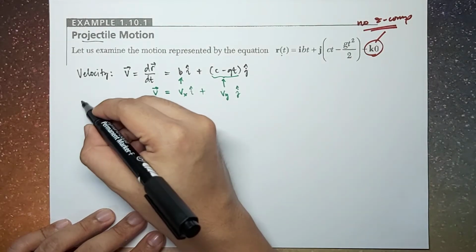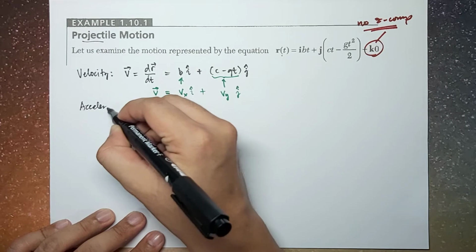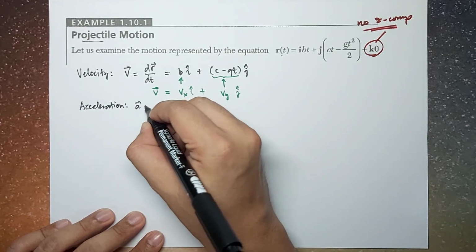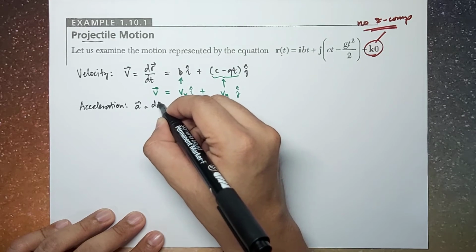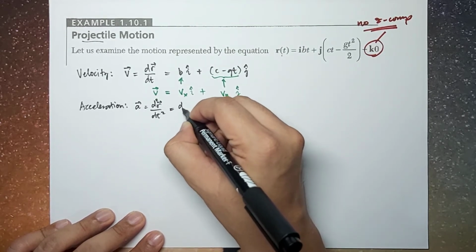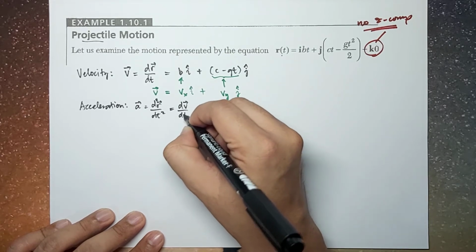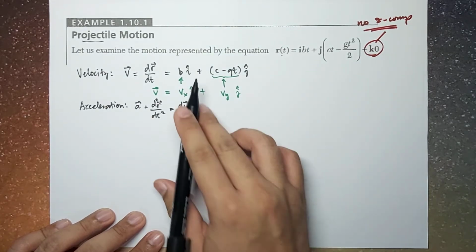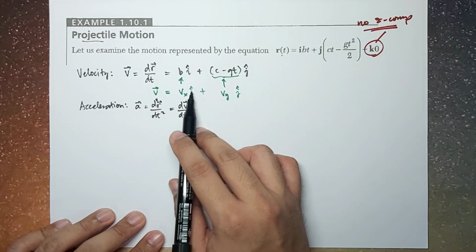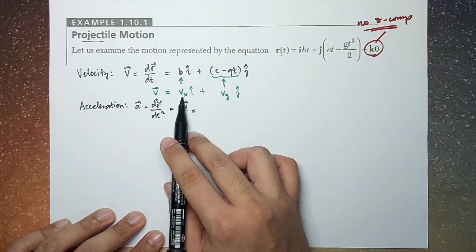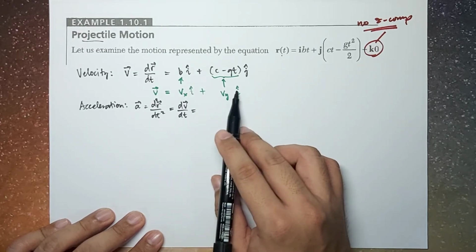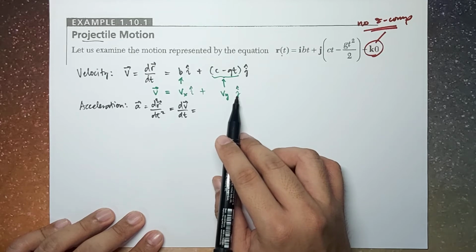Similarly, we can calculate the acceleration. The acceleration a will just be the second derivative of the position with respect to time, or the derivative of the velocity with respect to time. Because b is constant, the derivative of the x component of the velocity will vanish, but the y component will not.